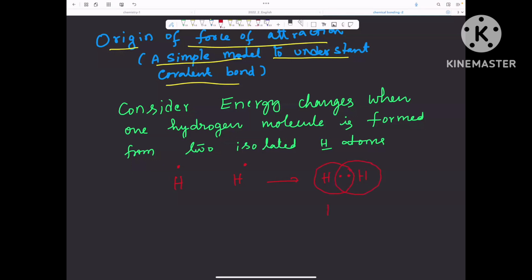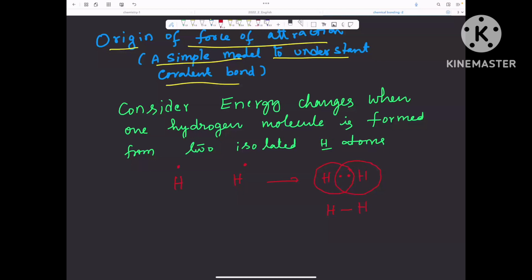Now we are going to represent it as a single bond, to tell that 1 electron pair has been shared between 2 hydrogen atoms, H-H.